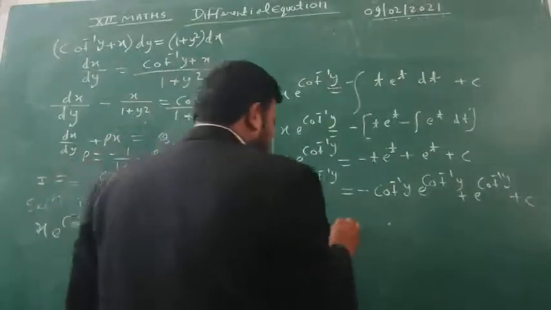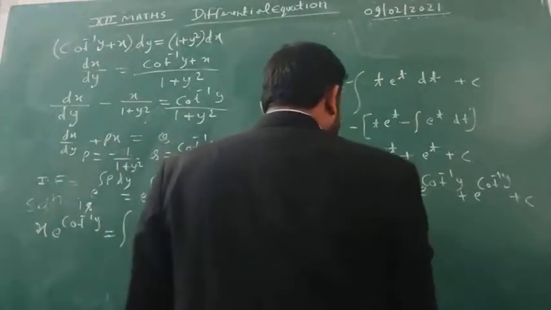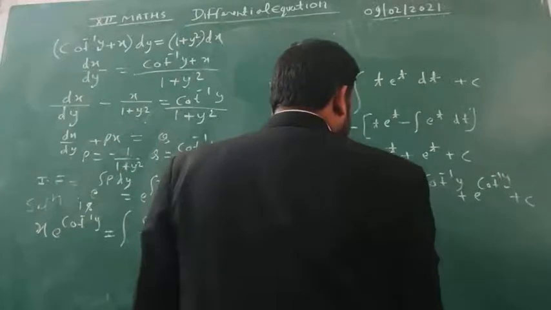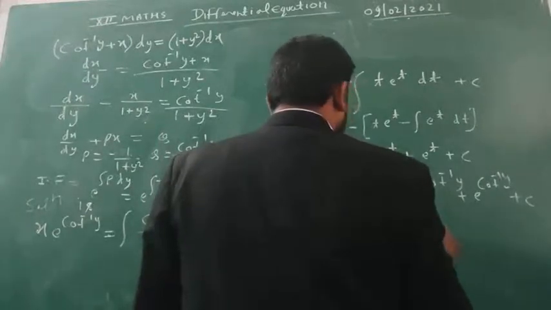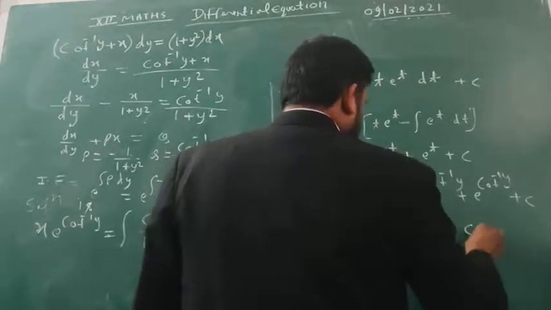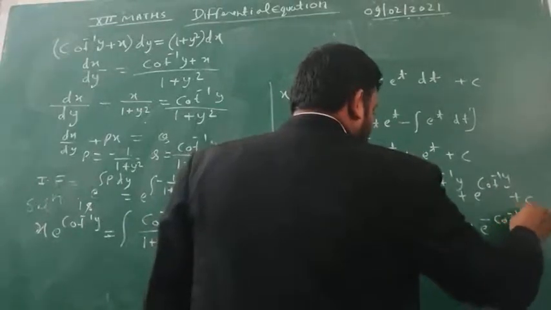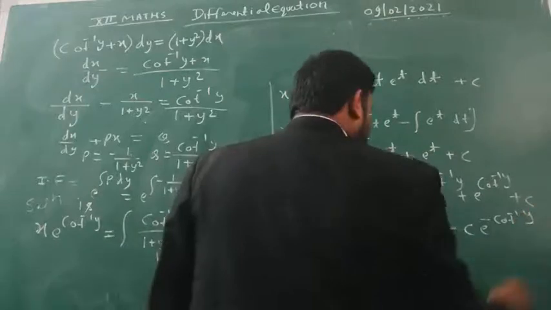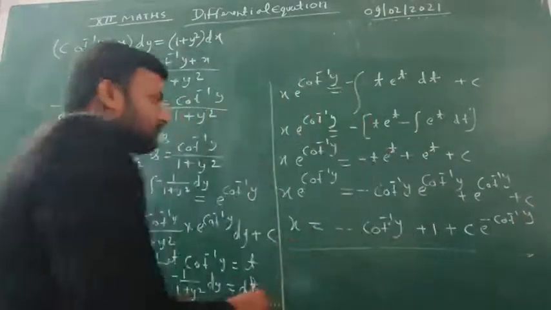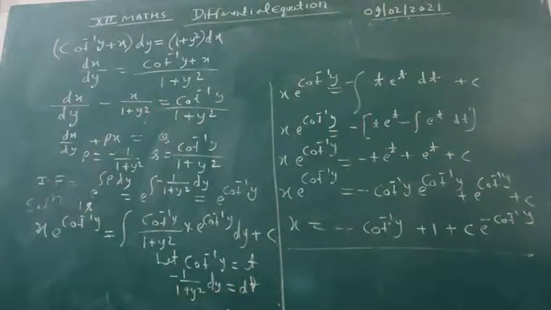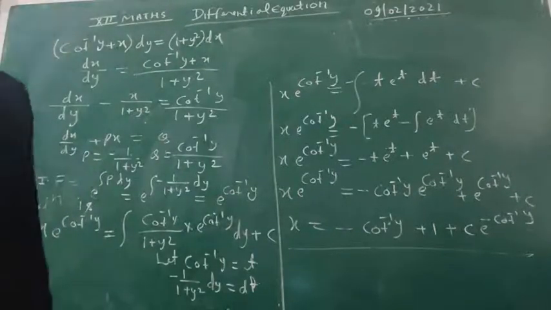So our x is minus cot inverse y plus 1 plus c e to the power minus cot inverse y. Okay students, so this will be our solution: 1 minus cot inverse y plus c e to the power minus cot inverse y. I hope you understand, students.